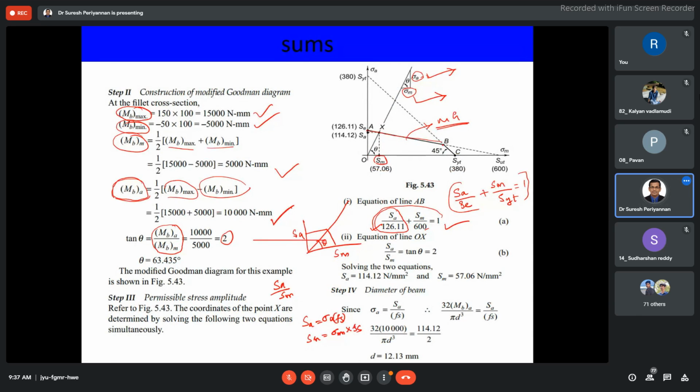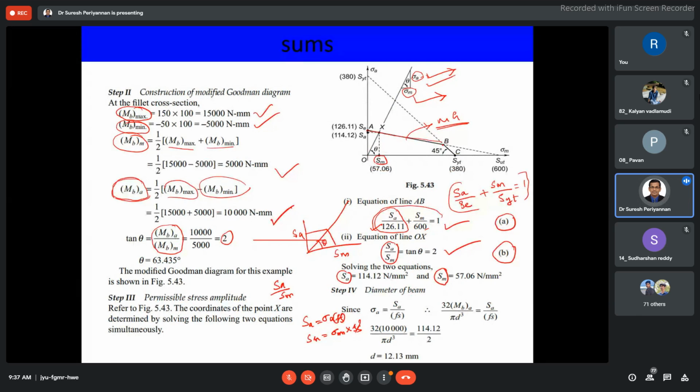Then tan theta is equal to SA by SM, and this Fs is going to be cancelled. Then sigma A by sigma M will come. This is the second equation. To solve these two equations, A and B, finally you are going to get SA and SM.